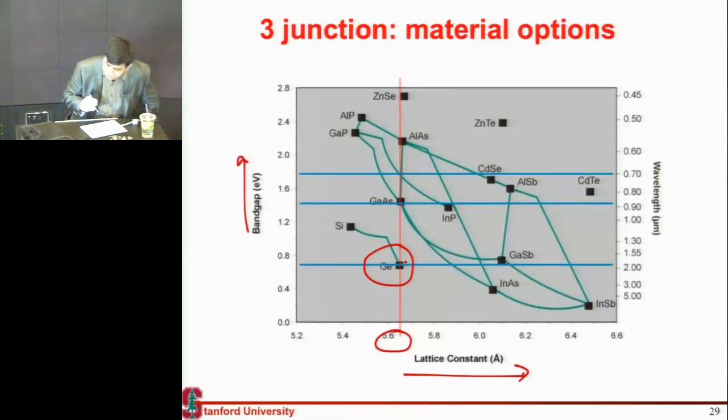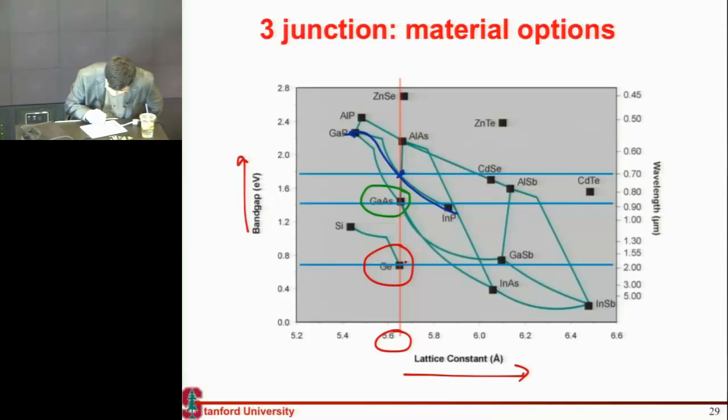This is my bottom cell, and it is lattice matched with gallium arsenide, which is an intermediate band gap material. And then finally on the top, for the highest band gap photons, we have gallium phosphide over here, and indium phosphide over here.